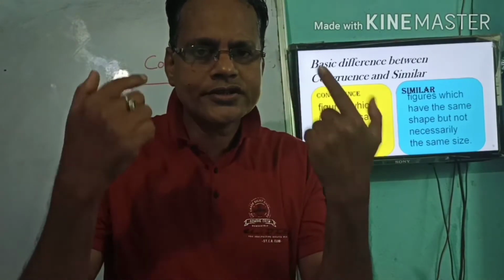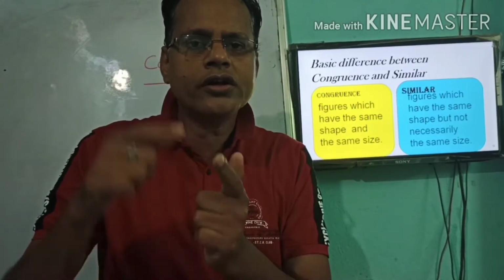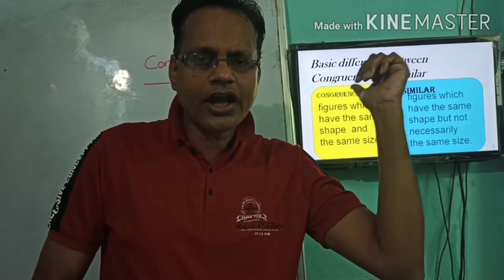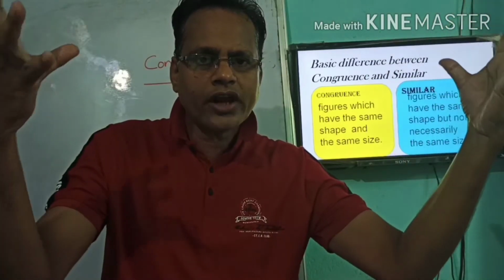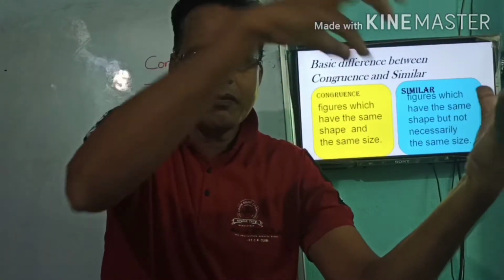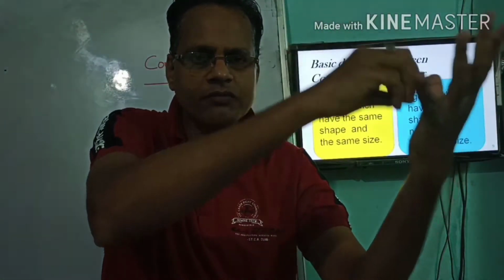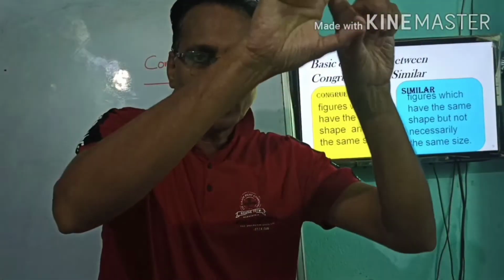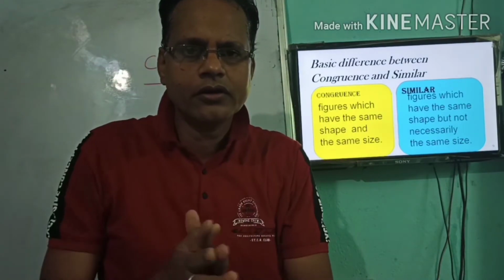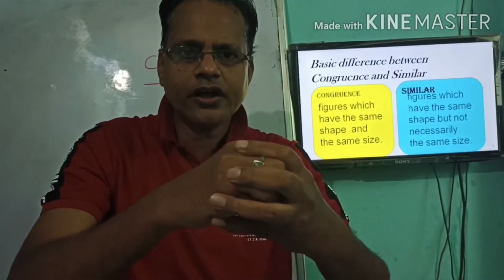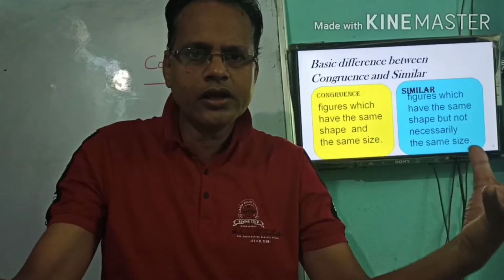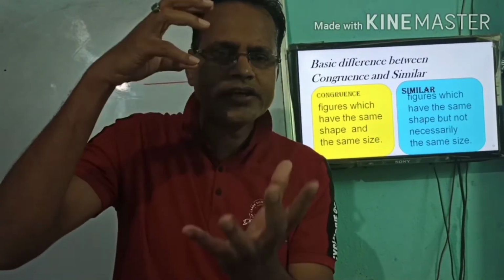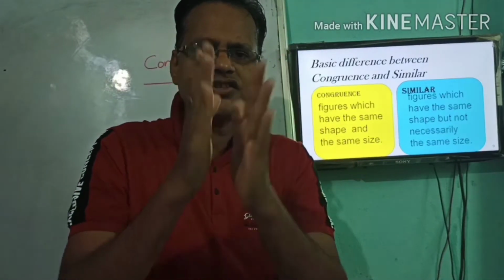In the previous diagram we have seen two triangles that are exactly matched, that means they have the same shape and same size. And in the second case you see one rectangle is bigger than the other. When they are matched with each other, the smaller rectangle is completely inside the bigger rectangle. So let me explain the necessity.